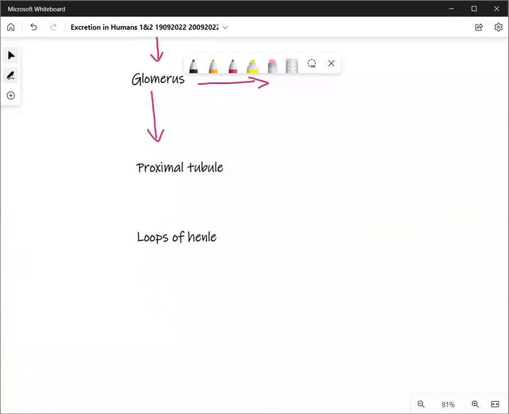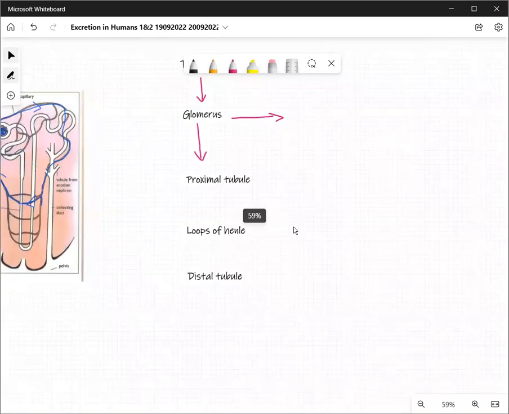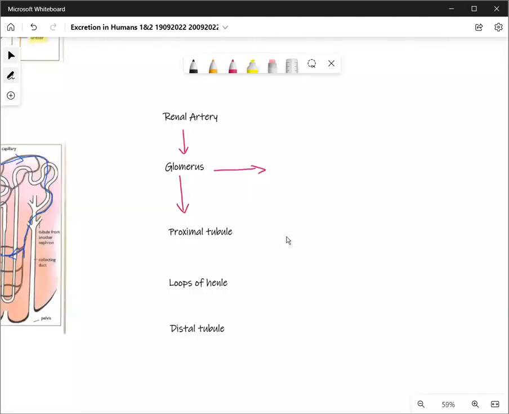After the loops of Henle, they go into the distal tubule. That's what's happening here. That's good.